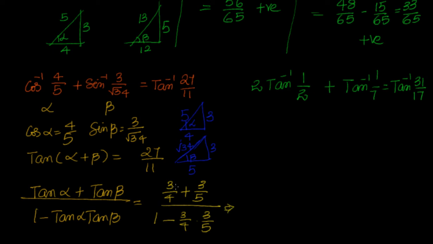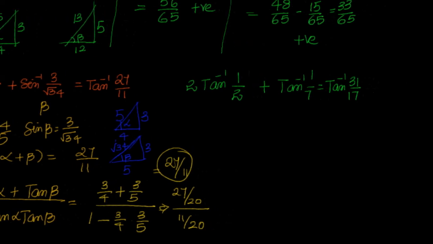This is nothing but equal to 5 3s are 15 plus 4 3s are 12, that is 27 by 20 by 20 minus 9, 11 by 20, that is nothing but equal to 27 by 11. So we have proven that this is nothing but equal to tan inverse of 27 by 11.